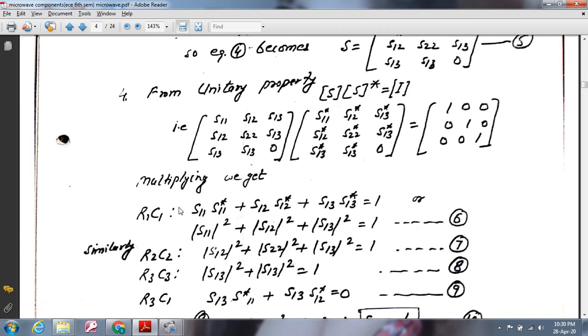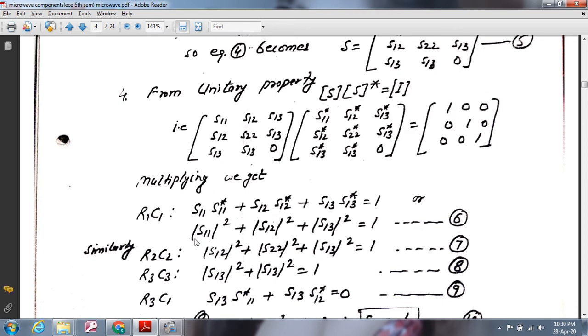So if we take R1 C1, taking row number 1 of the first matrix and column number 1 of the second matrix, this will give R1 C1 equal to S11 multiplied by S11 star, plus S12 multiplied by S12 star, plus S13 multiplied by S13 star, and this will be equal to 1, because this is R1 and this is C1, so this element is 1.